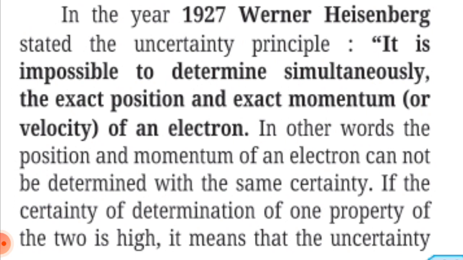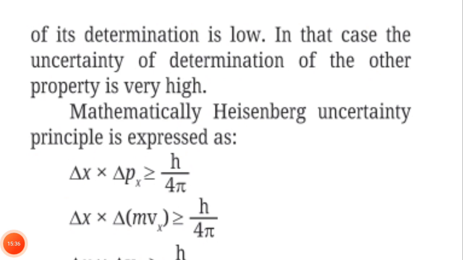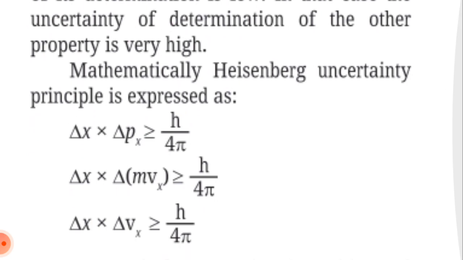In other words, the position and momentum of an electron cannot be determined with the same certainty. If the certainty of determination of one property of the two is high, it means that the uncertainty of its determination is low. In that case, the uncertainty of determination of the other property is very high.